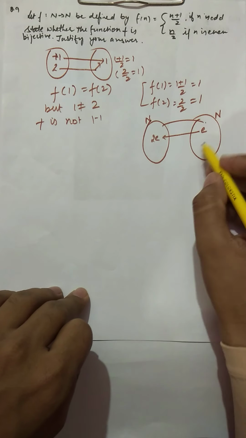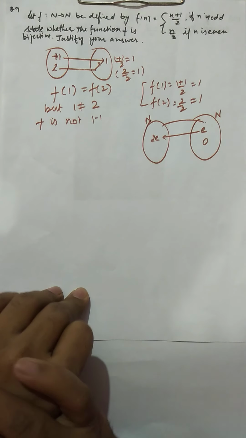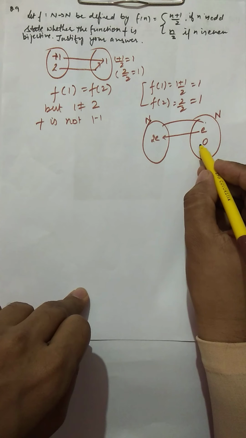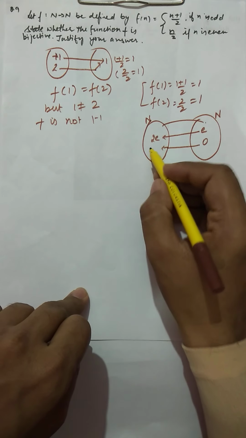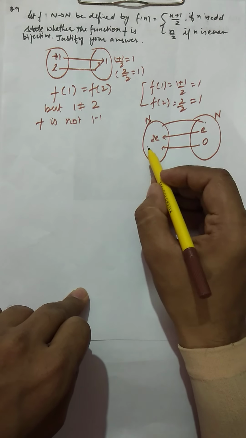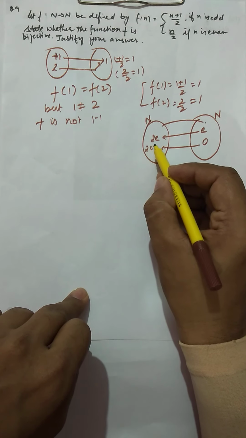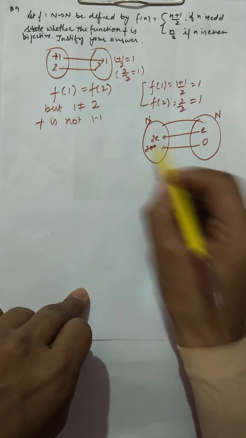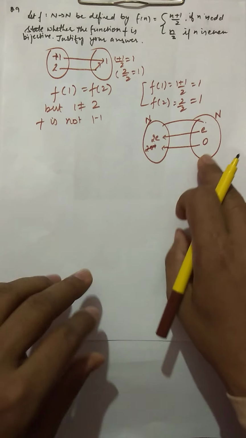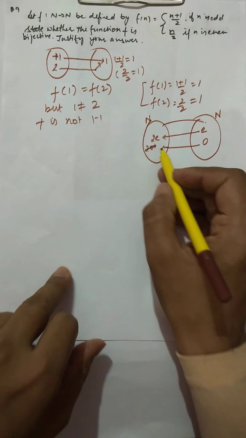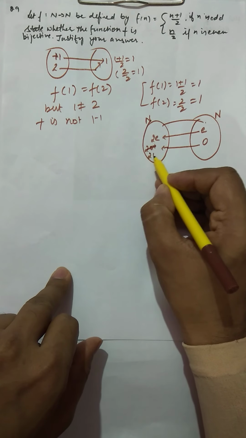And for odd, let's say this is o. If I take o, then there must be some number. If o is odd, then the pre-image will be 2o minus 1.